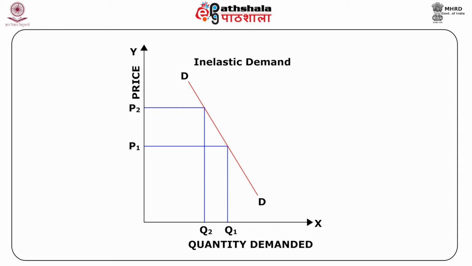The diagram clearly shows that the percentage change in quantity is much less than the percentage change in price. That is, quantity demanded is less responsive to the change in price. In the case of salt, demand cannot increase even if the price falls, neither can it fall if the price rises.